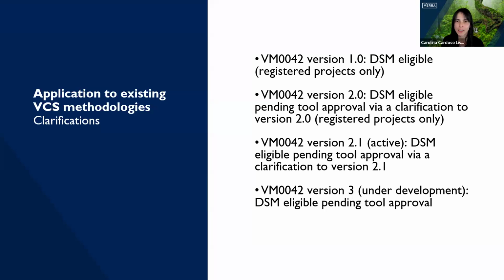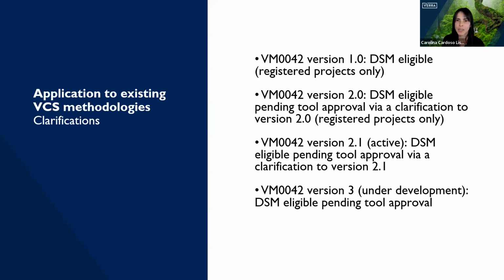So you might wonder how this tool can be used under the VCS program. It's mainly initially focused on serving VM0042 and VM0032. As you know, version 1.0 does allow the use of remote sensing. That means if the tool is approved, DSM is eligible, only for registered projects.